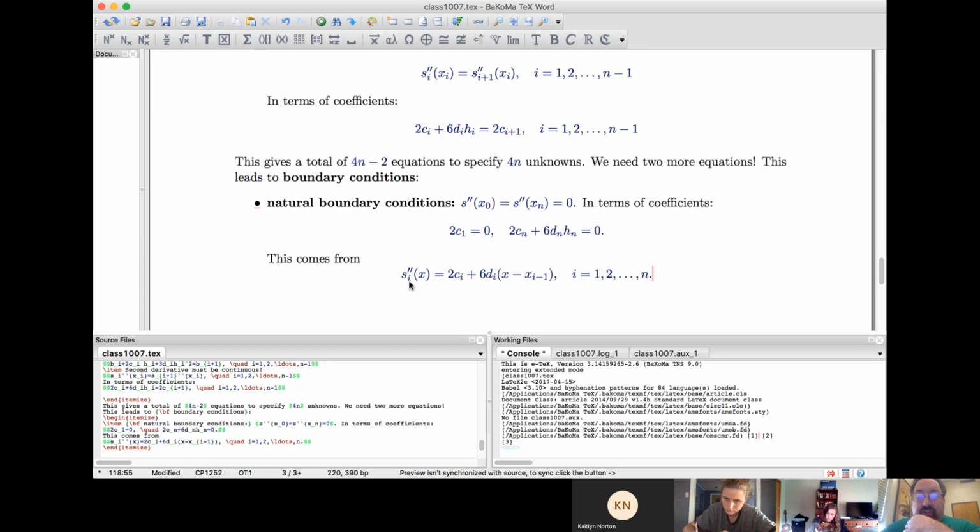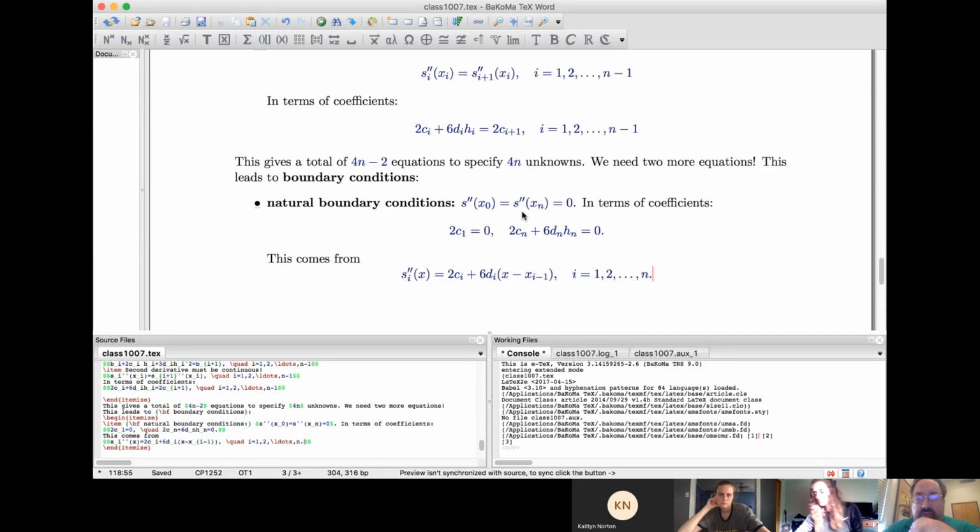So for piece number 1, i equals 1. If I plug in x equal to x naught, this goes away and I'm left with 2c1. On the other hand, if I have the right endpoint, so I want to see what's happening at xn, I let i equal n, so then I have xn minus x_{n-1}, but that's the spacing hn.